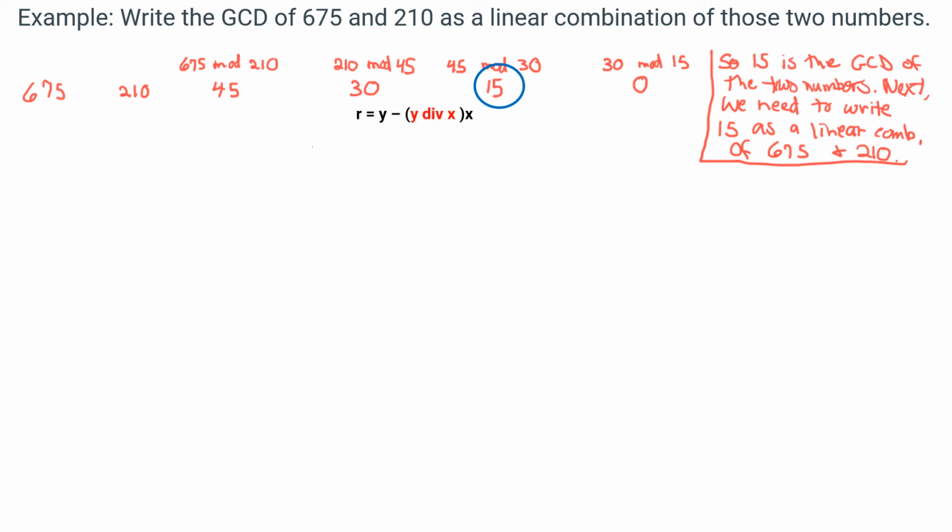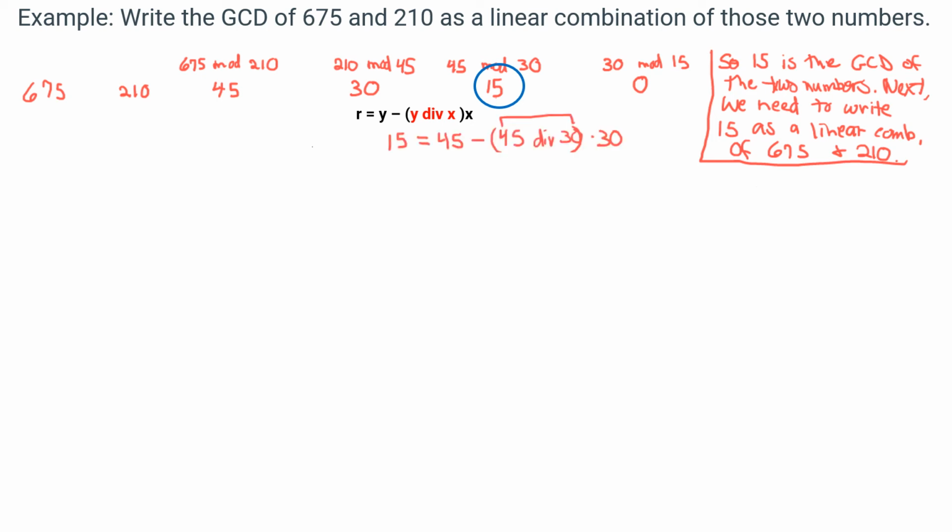So remember that we have to use this pattern here, where if you're working with any three numbers that are next to each other on this long line, the one to the right would be considered R. The one to the left is considered Y, and then the one in the middle is considered X. So we're going to first start with the 15. We don't need to do that for the 0. So we're just always starting with whatever we got as the GCD and use that pattern.